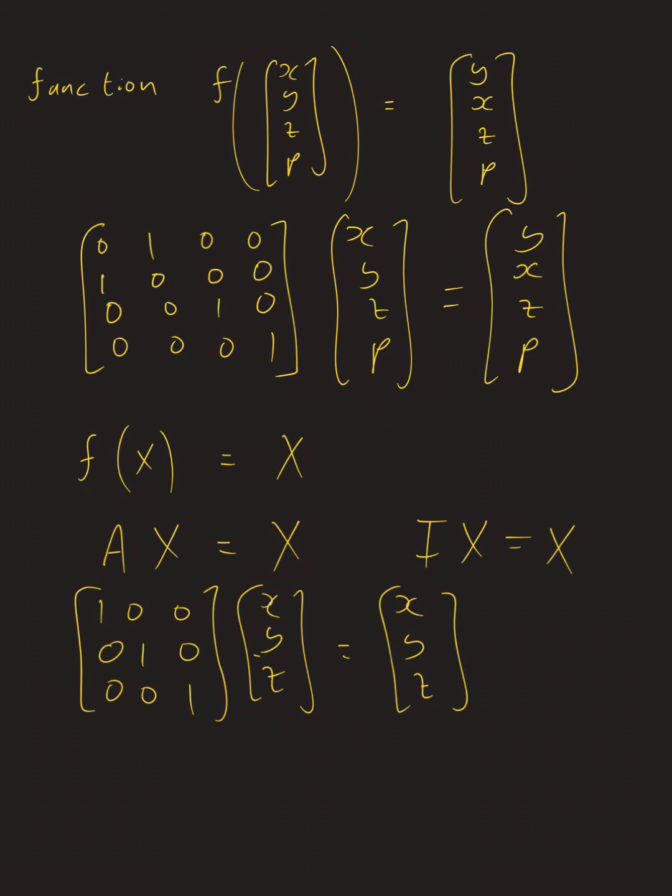And you can actually go through that piece by piece. You multiply out each row, and you'll see that each row just gives you back the element from the same row. So you get x, y, z out again. And if you look back up here, you'll see in this one, all I've done is take an identity matrix and swap the first 2 rows to get a matrix which swaps the first 2 elements of some list of numbers.